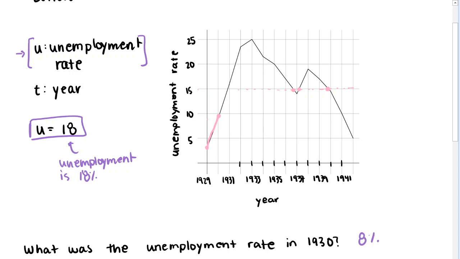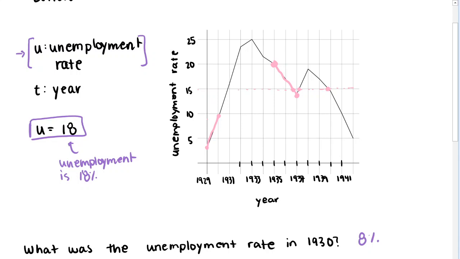And then if we look at this part of the graph, between these 2 points, the graph is decreasing from left to right. We can see that between 1935 and maybe 1937, we went from a larger unemployment rate to a smaller unemployment rate. The graph is decreasing. The unemployment rate decreased between those years.